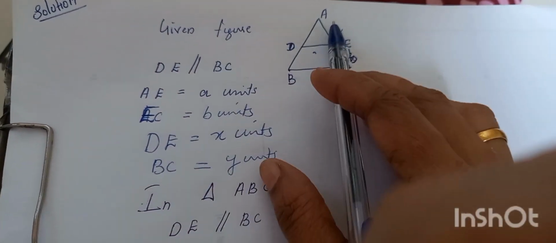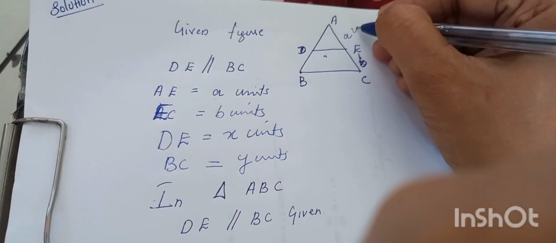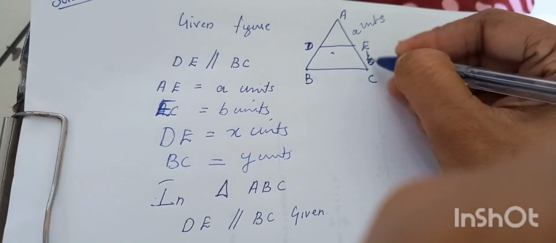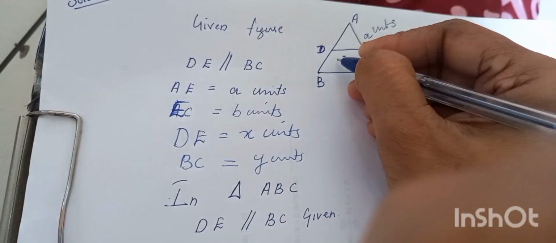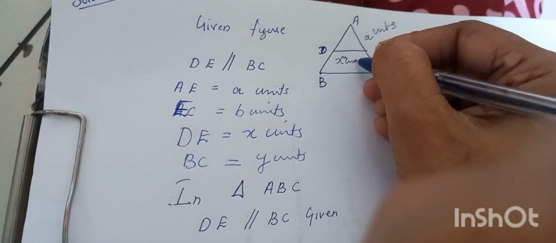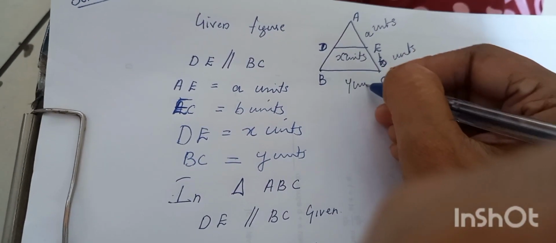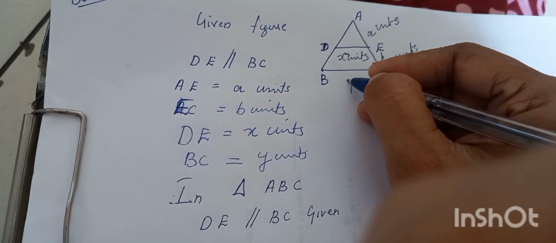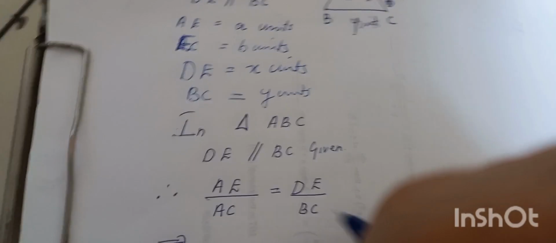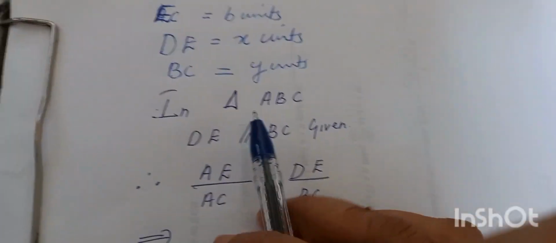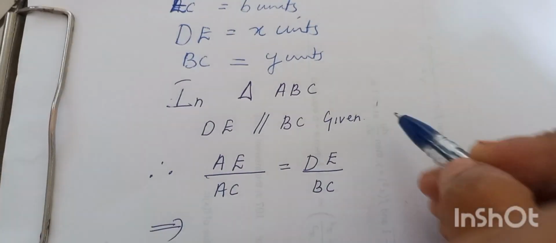Given figure, triangle ABC, AE is equal to A units, EC is equal to B units, DE is equal to X units, and BC is equal to Y units, not 5, Y units. Given in triangle ABC, DE parallel to BC, it is given.